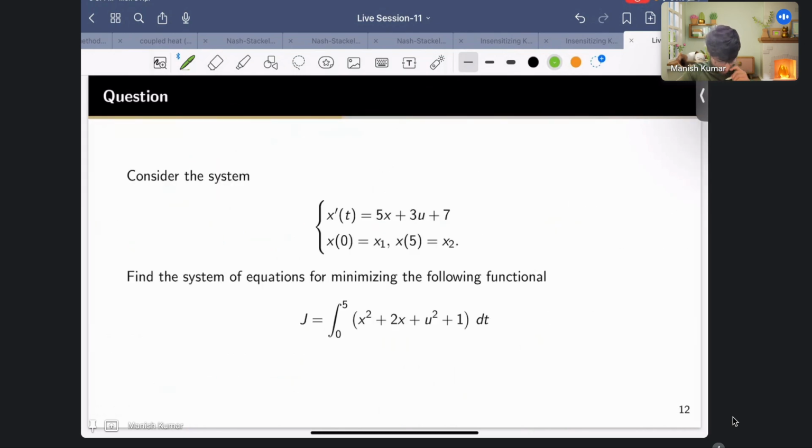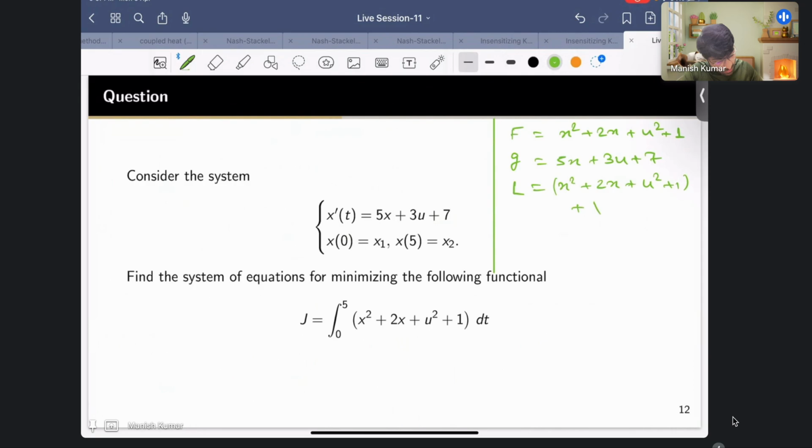Okay, now let's come back to this question. Over here, this capital F is given by x square plus 2x plus u square plus 1. G is given by 5x plus 3u plus 7. Okay, so the Lagrangian would be just x square plus 2x plus u square plus 1 plus lambda times this g.